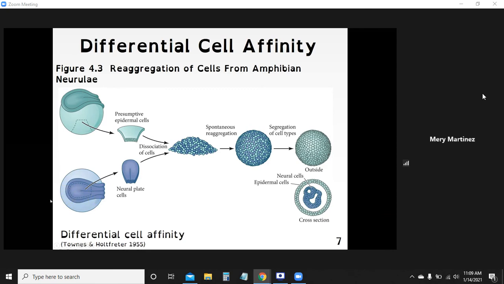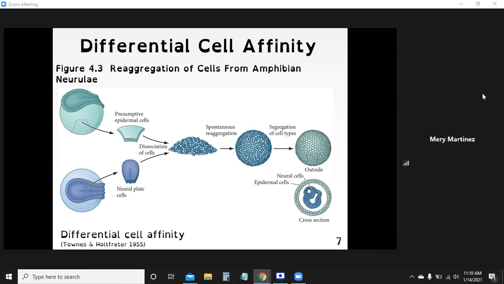They took cells from the ventral part and cells from the neural plate. They dissociated those cells and mixed them together, dissociating the presumed neural plate and another part of that embryo, and then they looked at how they reassociated.